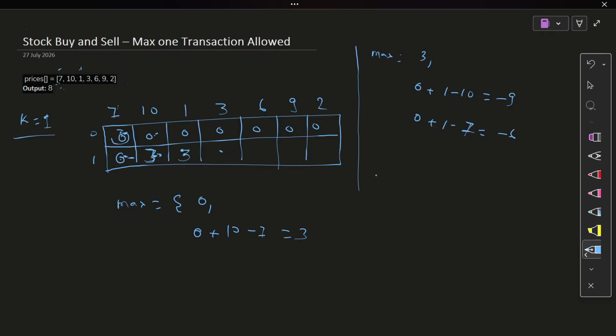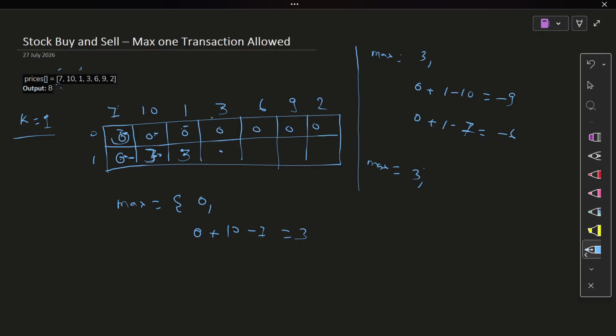Here, 1, 3, and this one. Zero transactions happen, then one transaction. On this zero, zero transactions happen, so 0. Then here, one transaction, 3 minus 10. For here, we will get the maximum of all.